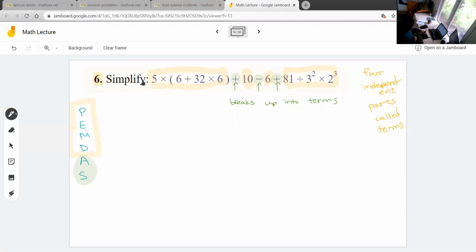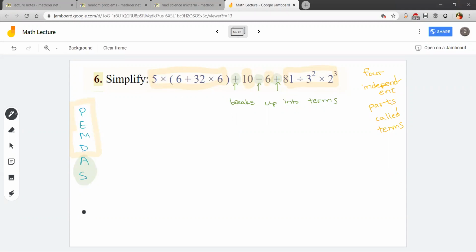So what I'm going to do is look at my long, complicated thing and say, here's the addition and subtraction outside of parentheses, because otherwise they'd be part of the P. And that will break up my problem into 4 pieces. And each of those 4 pieces will do stuff with P, E, M, and D on their own. And they don't come together until we get to the A and S step.